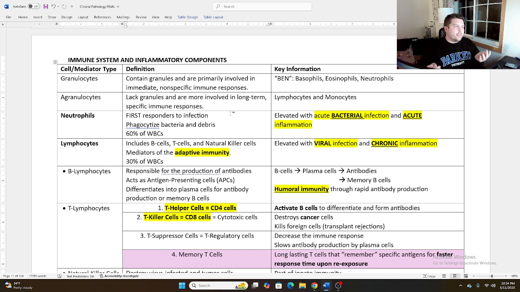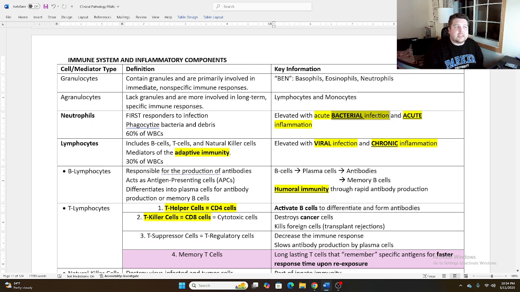Immediately we know this is an acute condition. This is not a long-term thing. This is a recent condition. Either it's going to be a bacterial infection or acute inflammation, and it would have to describe some type of specific injury. Okay, so if we see neutrophils are high, immediately we say this is a bacterial infection.